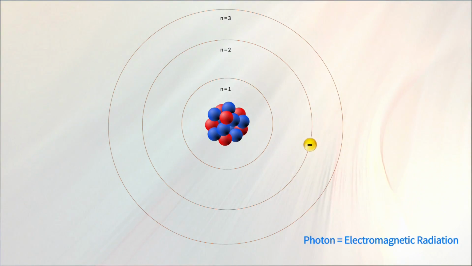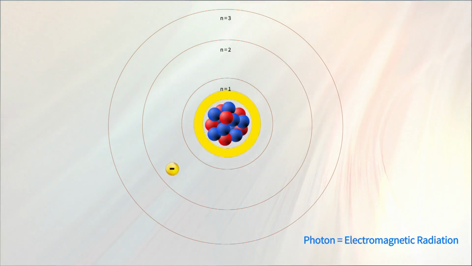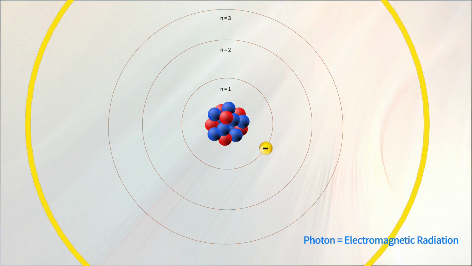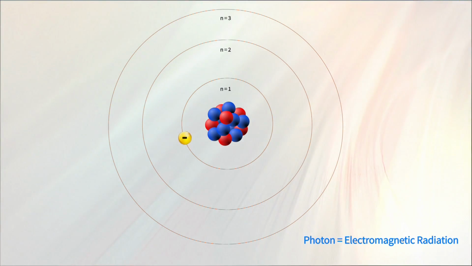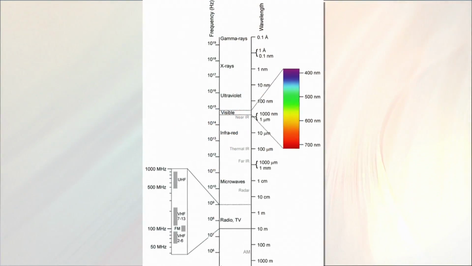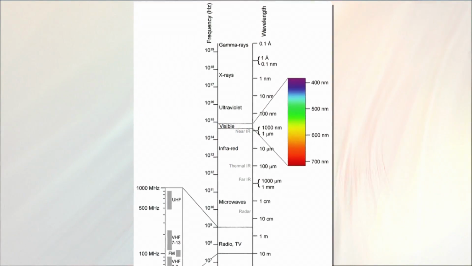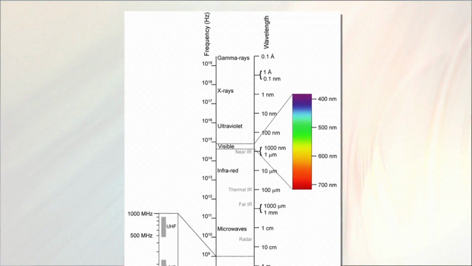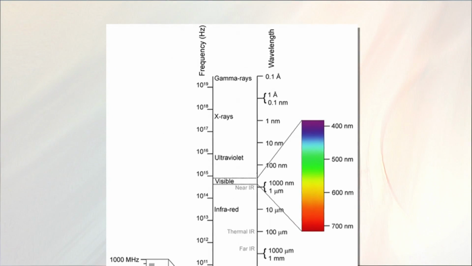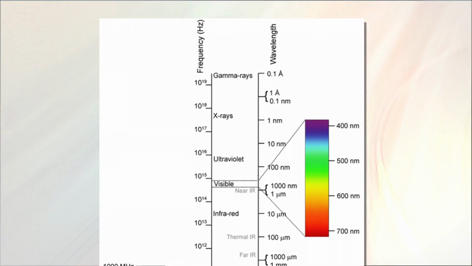And when they collapse, they're going to release some of that energy in the form of electromagnetic radiation. And what's important is that because each atom has a different structure, when those electrons collapse and emit electromagnetic radiation, each element is going to emit electromagnetic radiation of a different wavelength.